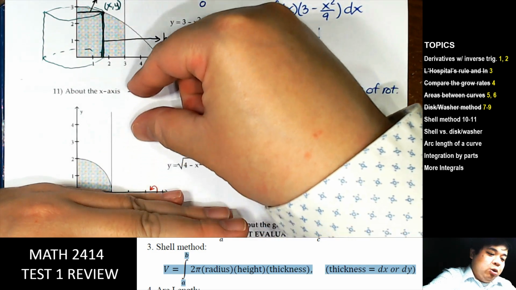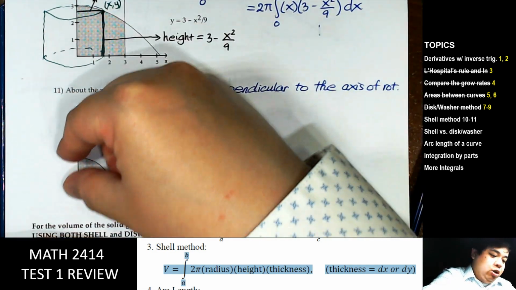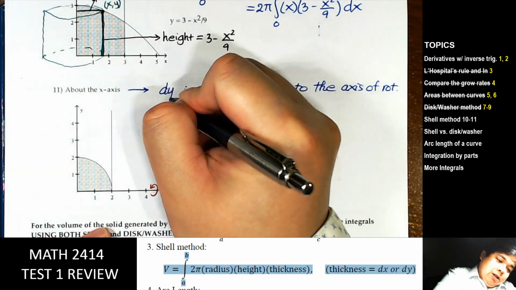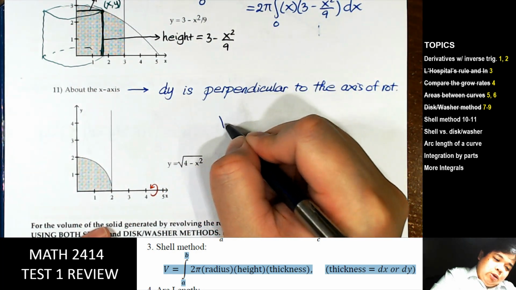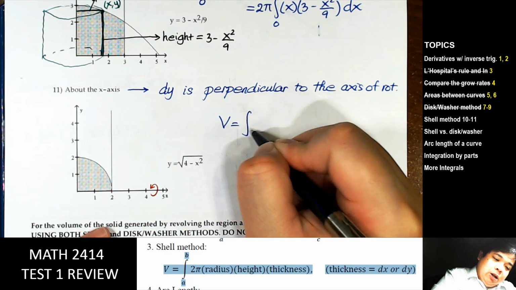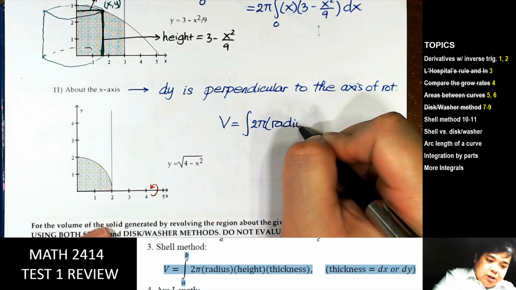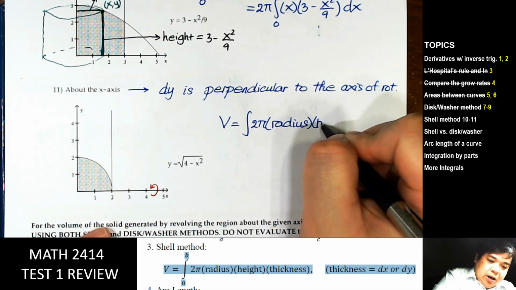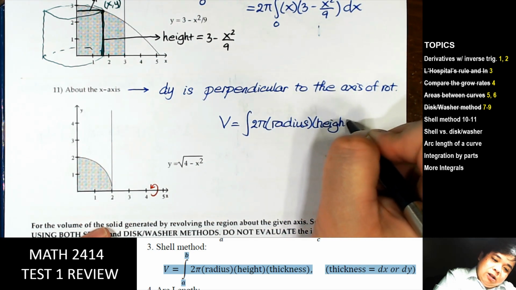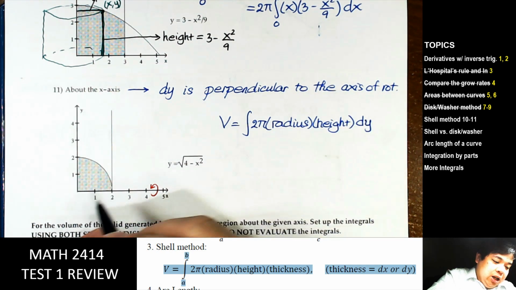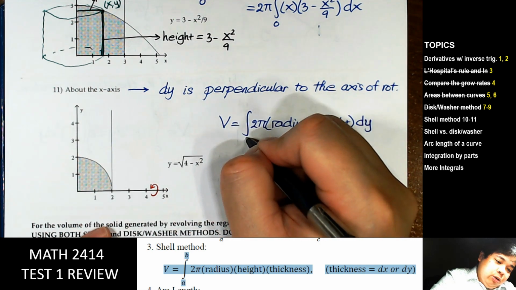So if we stack, it's going to go like this, which is going to be dy. And so we have V equal to 2 pi, radius, and then the height, times, in this case, dy. The limit for y will go from 0 to 2.